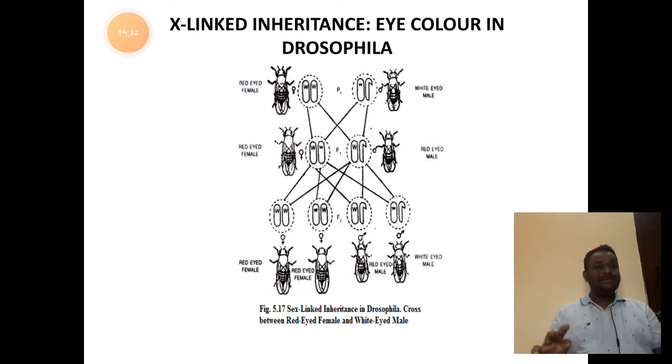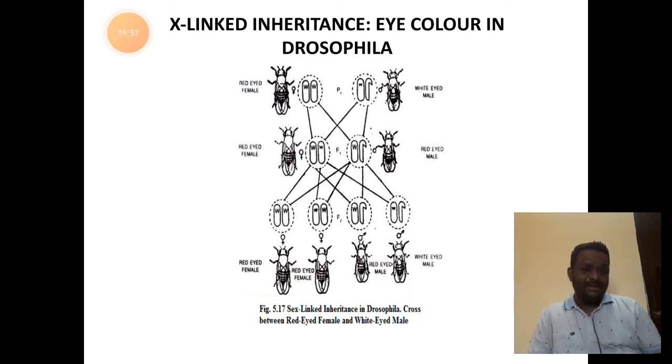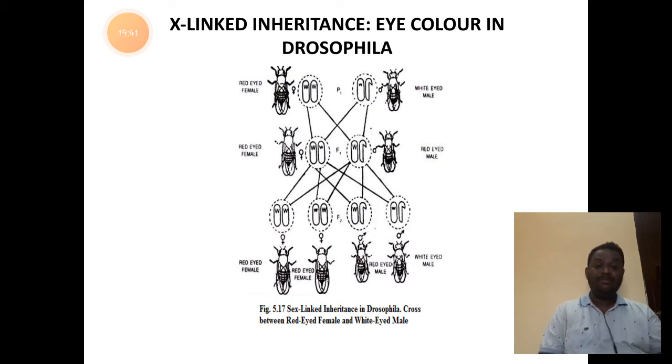When these red-eyed males and heterozygous females were crossed, both being red-eyed, he could find in the F2 generation that all females were red-eyed, whereas 50% of males were normal with the red eye and 50% were white-eyed. So, what's happening here?